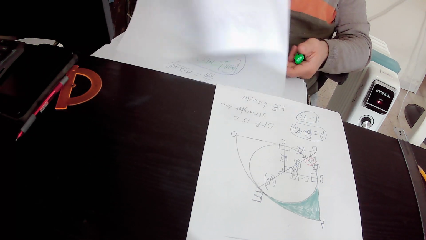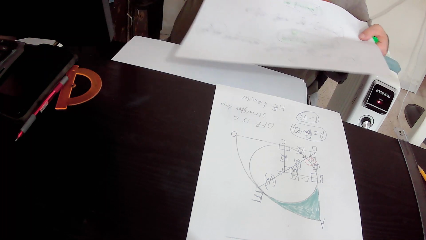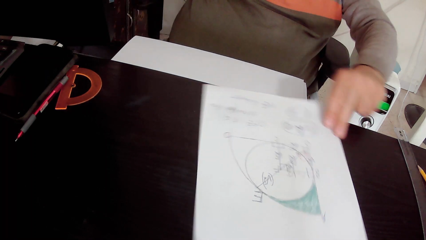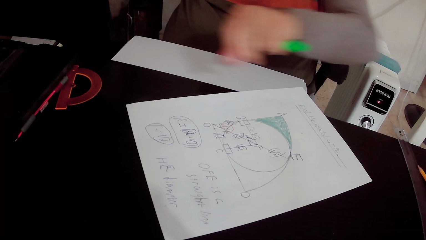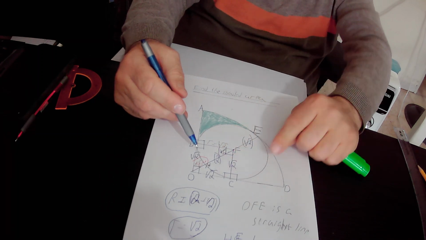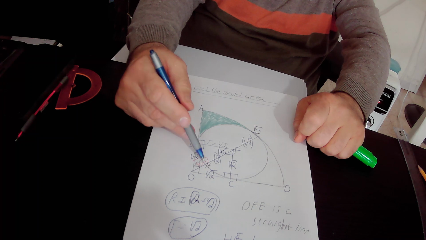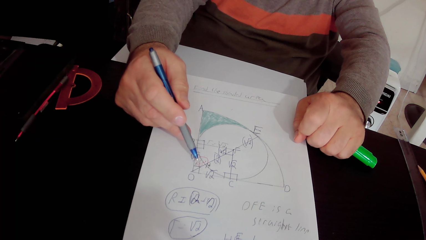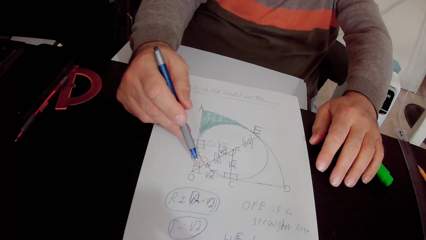We have to find out the area of this small shape BHO.